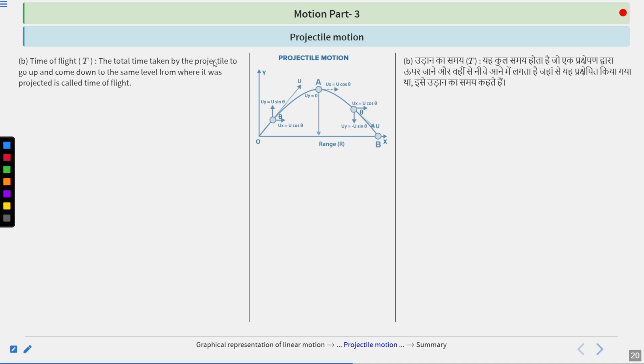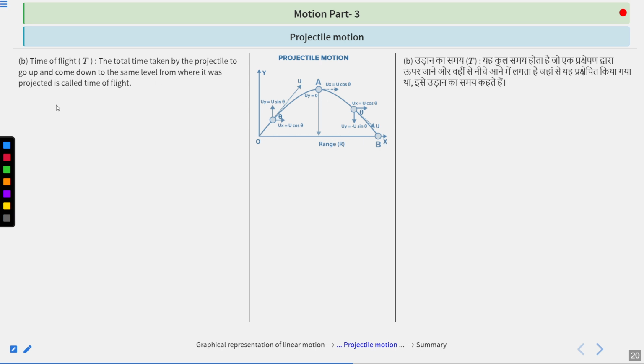Time of flight, T. The total time taken by the projectile to go up and come down to the same level from where it was projected is called the time of flight. Like here, you can say this is the level, from where it was launched. The time taken from this point to this point, on the same level, is the time of flight.